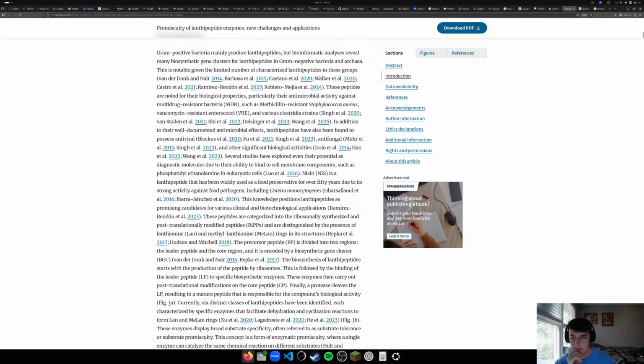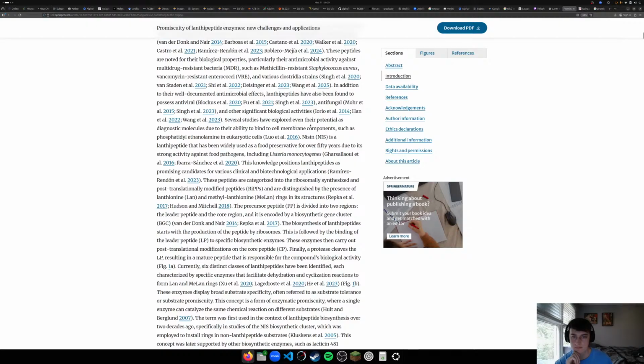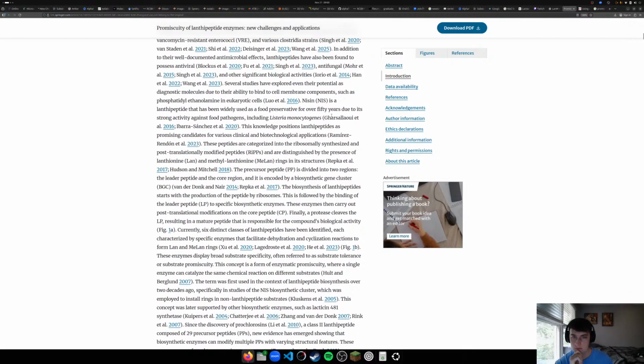Gram-positive, possess antiviral, antifungal, diagnostic molecules due to the ability to bind to cell membrane components. That's cool. Food preservative due to strong activity. This knowledge positions lanthipeptides as promising candidates for various clinical and biotechnological applications.